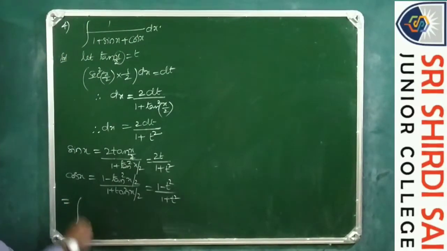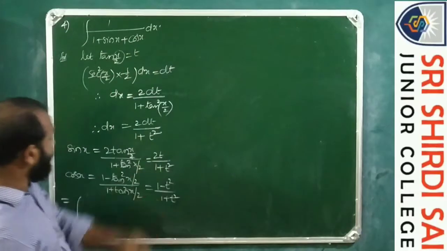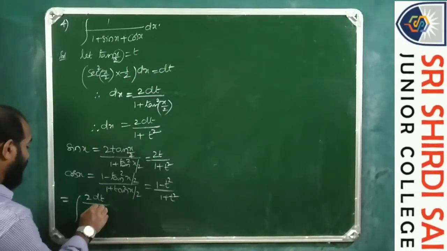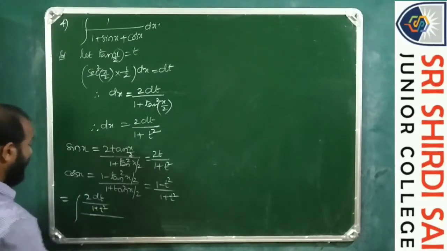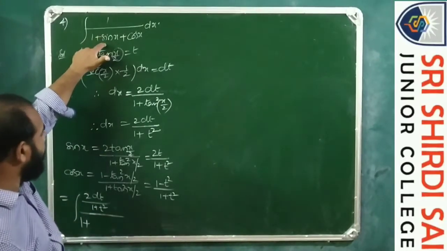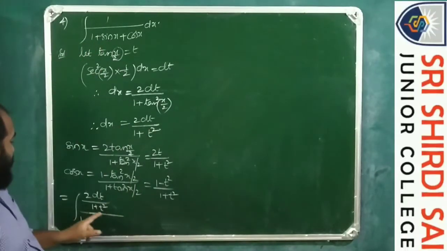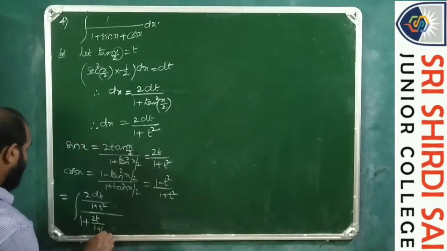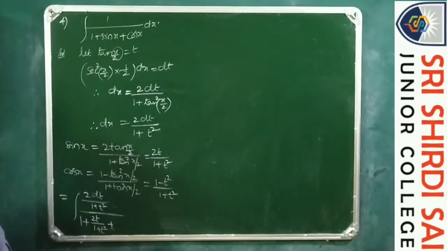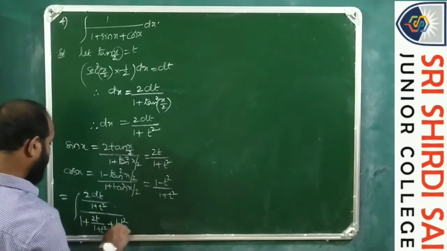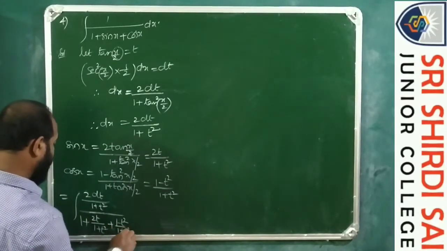This is integral, dx is 2 dt by 1 plus t square, by 1 plus, the value of sin x is 2t by 1 plus t square, plus cos x is 1 minus t square by 1 plus t square.